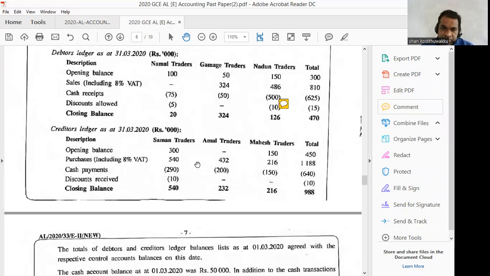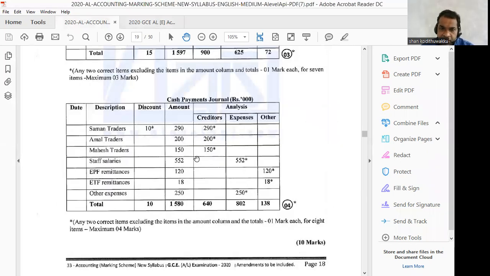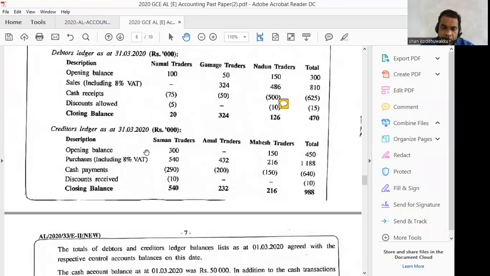You can mention Mahesh traders 150 in the amount column, and again under the analysis column in the creditors column 150. Right. That is how you can record cash payments in the relevant column in the cash payments journal.